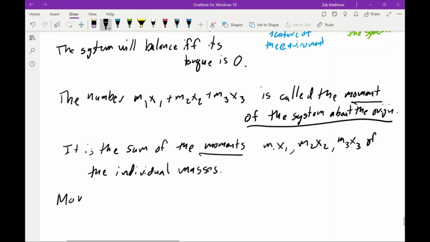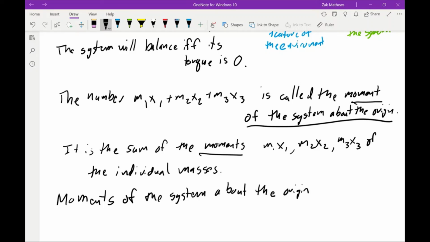The moment of the system about the origin, remember, is everything together. So that is equal to the sum from k equals 1 to however many we have. We've been working with 3 masses, but we could have any number of masses, mk times xk. That is just generalizing this a little bit for us.